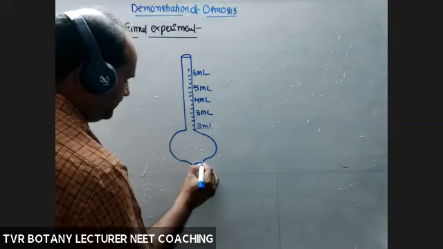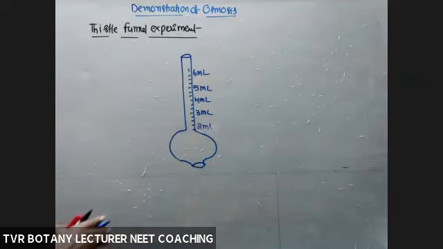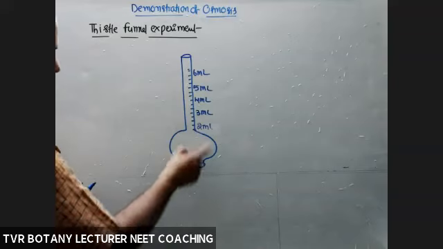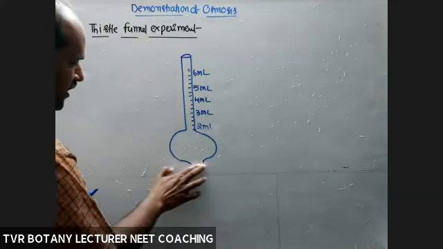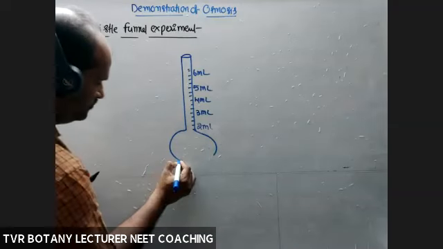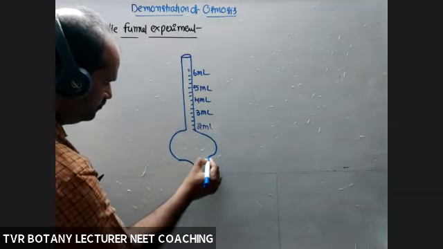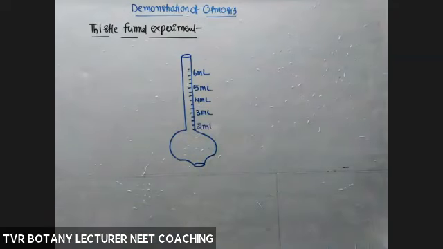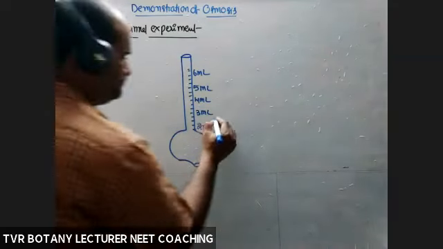So this is a Thistle funnel. This one is a broad mouth that ends with a narrow one. This area is a narrow mouth. Okay, so that is a Thistle funnel.